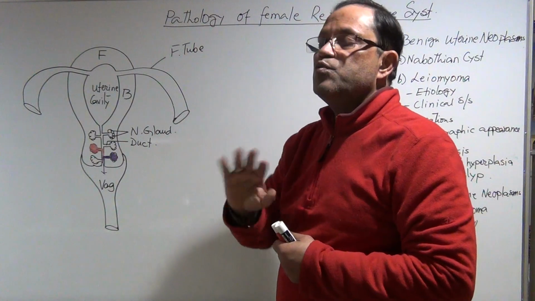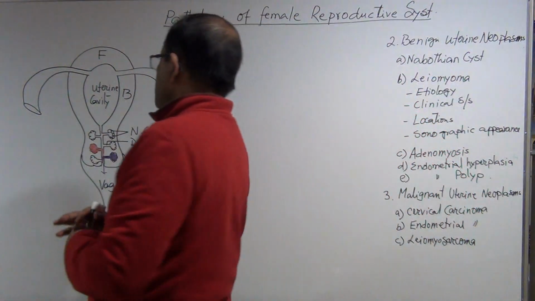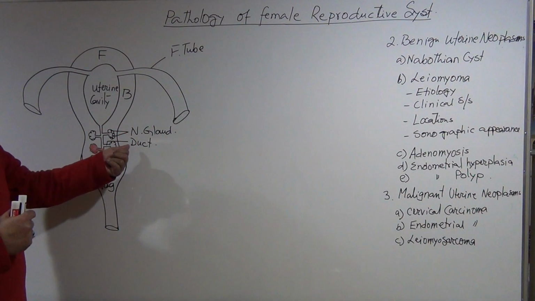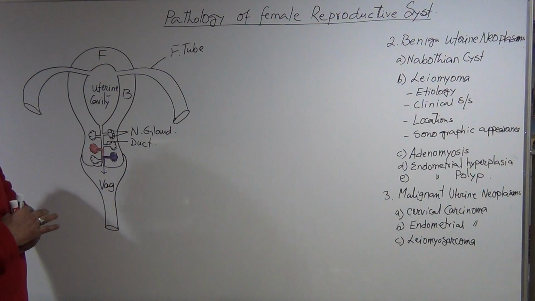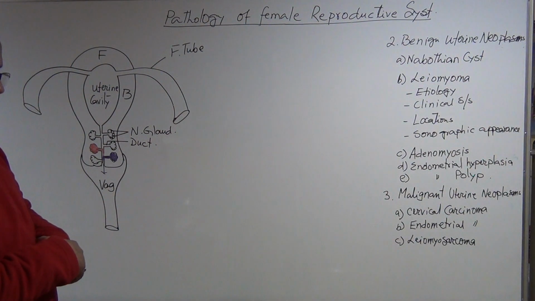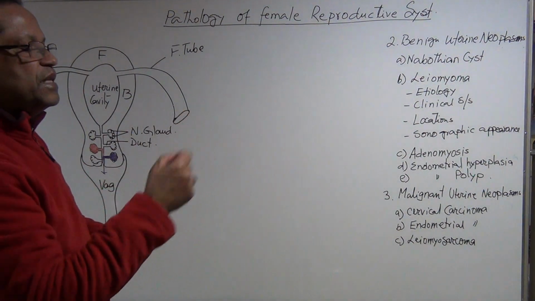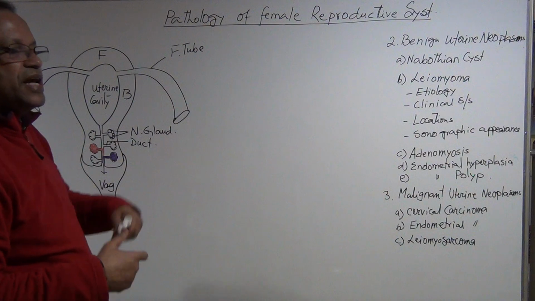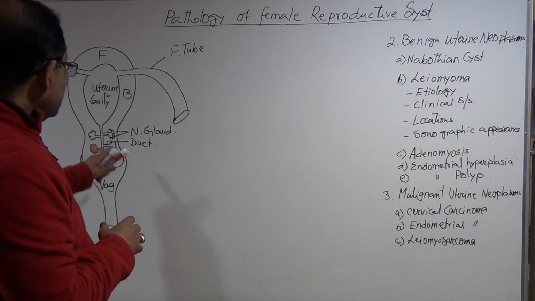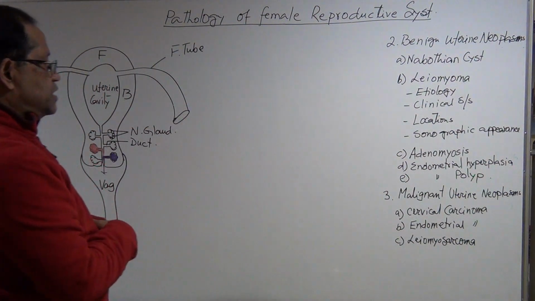Normally sonographically we cannot see it, but due to any cause the duct of the Nabothian gland is obstructed, due to inflammation, due to polyp inside, due to any stricture, any compression pressure, the Nabothian duct is compressed. As a result, there will be backup of the fluid.